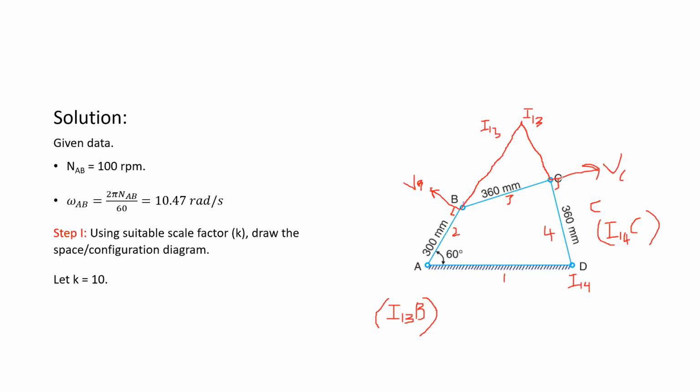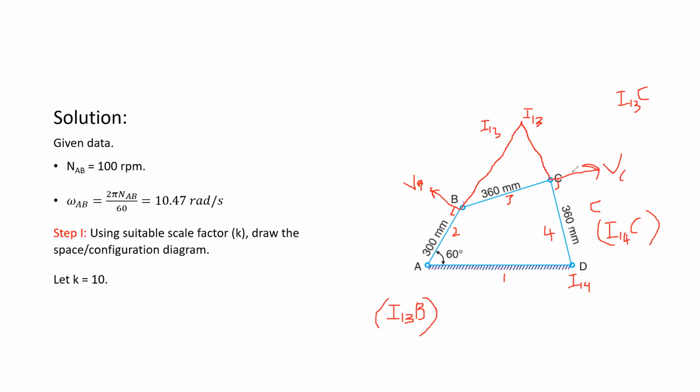So if point C is considered on link 3, what will be its radius? Its distance from point I13. I don't know I13 yet, but the radius will be I13C, and this radius will be perpendicular to this velocity Vc.